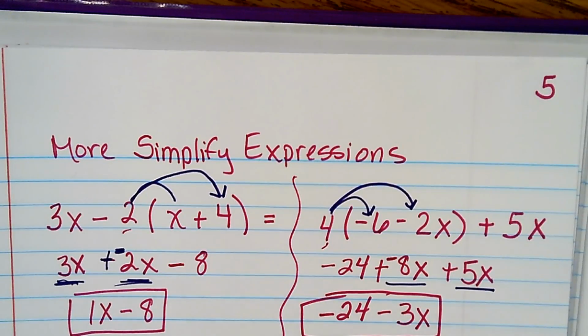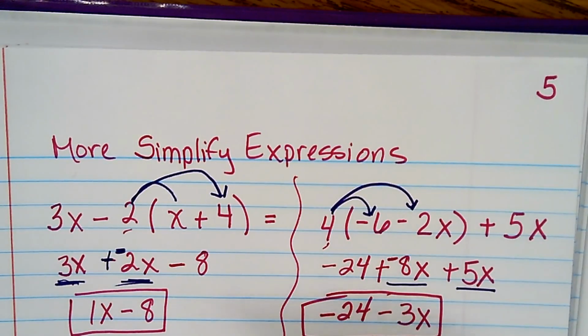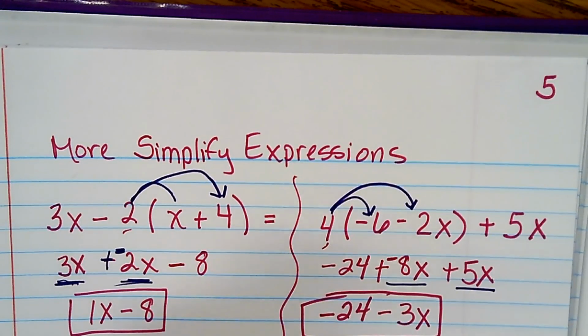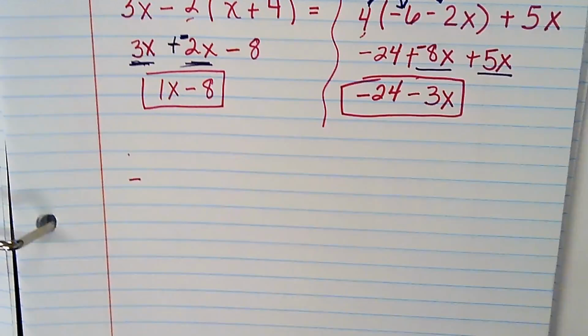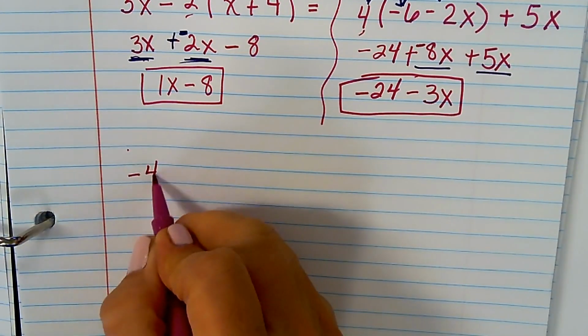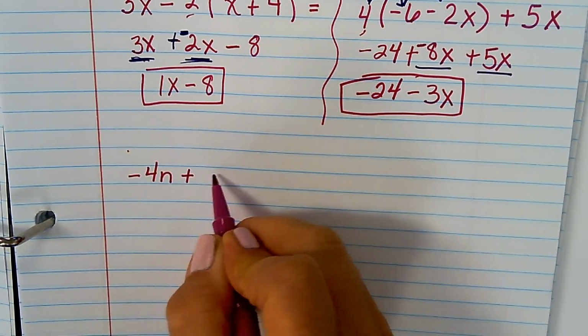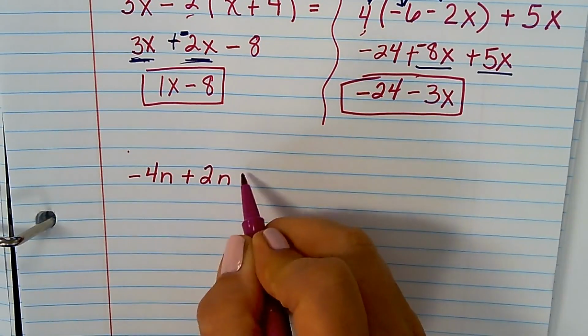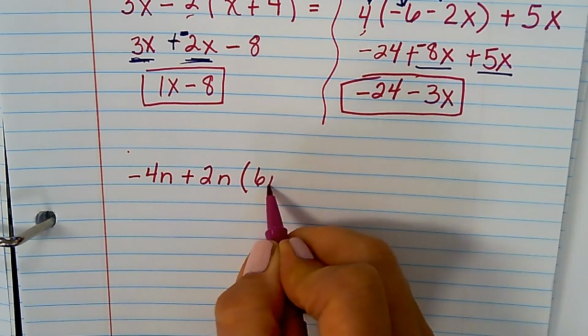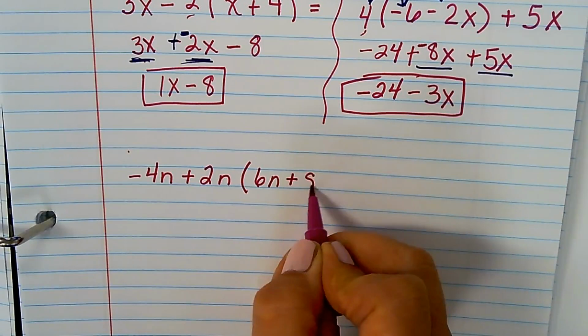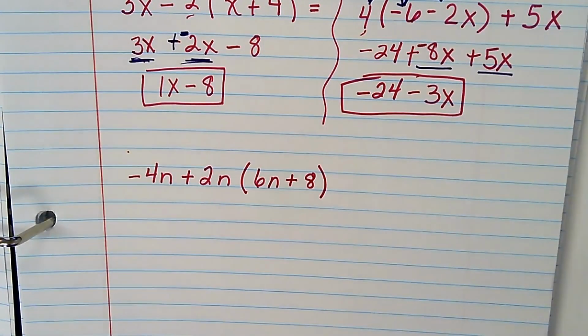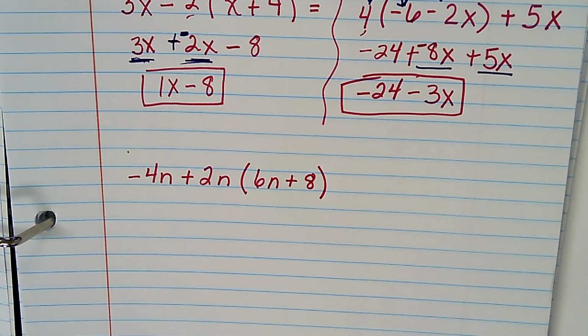Let's look at another one. So you can see it. Negative 4n plus 2n times 6n plus 8.